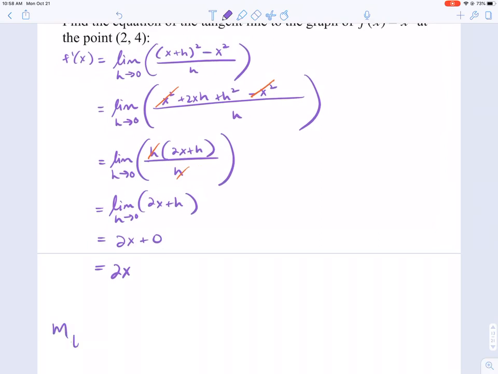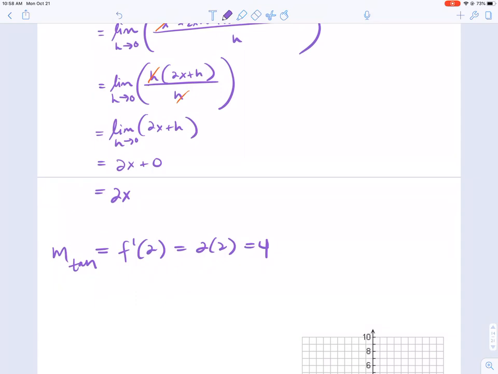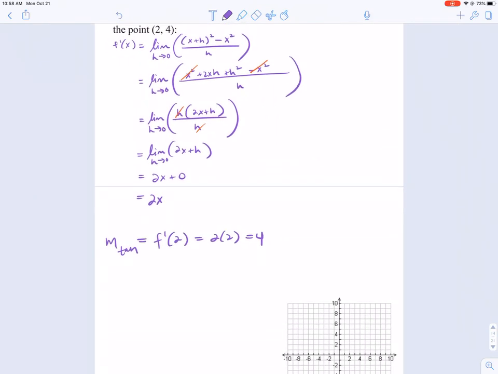So the slope of the tangent line at the point 2, 4 is going to be the derivative evaluated at 2, which is 4. So now we have a point and we have a slope. So y minus 4 equals 4 times x minus 2.